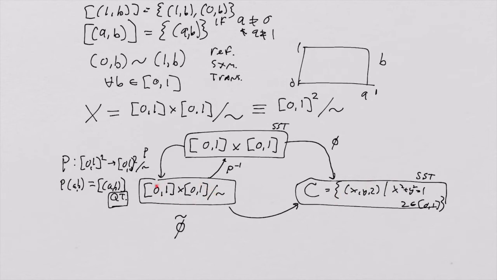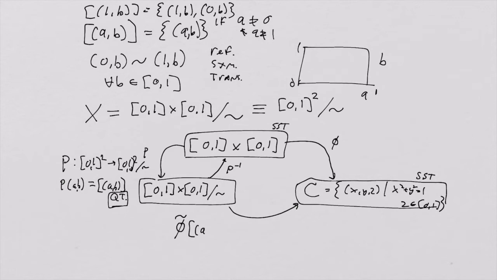And phi tilde is going to be a map from here to here, and therefore its domain is items of this space and its range is items of that space. Well, what are the items of this quotient space? Remember, the elements of the quotient space are the equivalence classes of the underlying set under this projection, and the projection, of course, is constructed by this equivalence relation. So this thing takes equivalence classes and gives you points in C. So let's define it so that it takes an equivalence class.